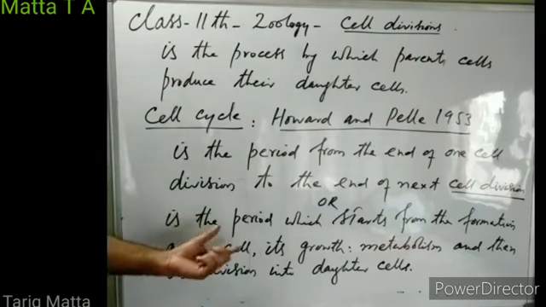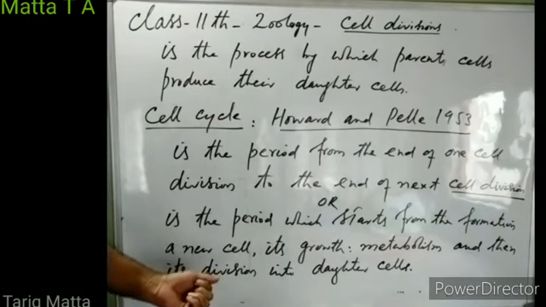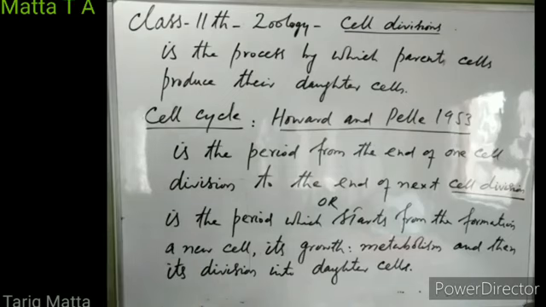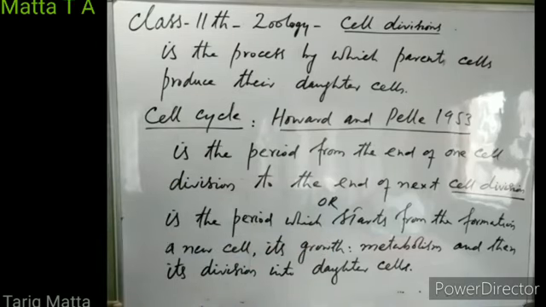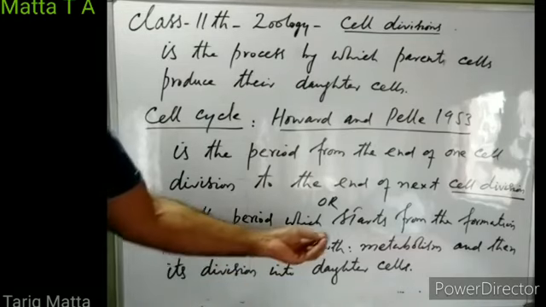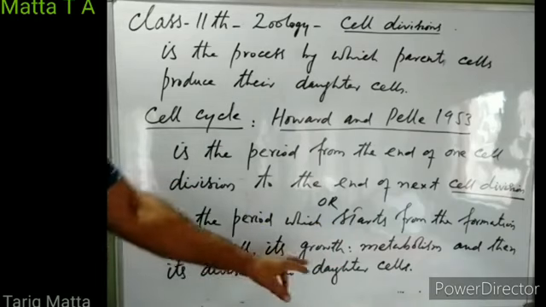It is the period which starts from the formation of a new cell. This newly formed cell grows in size and assumes the size of the parent cell. Then it carries out all its metabolic activities. Every cell is supposed to do some function in our body. And finally, this cell also divides into daughter cells.